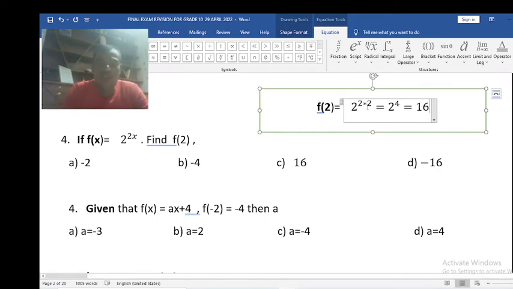So the correct answer, learners, is C. Clear?